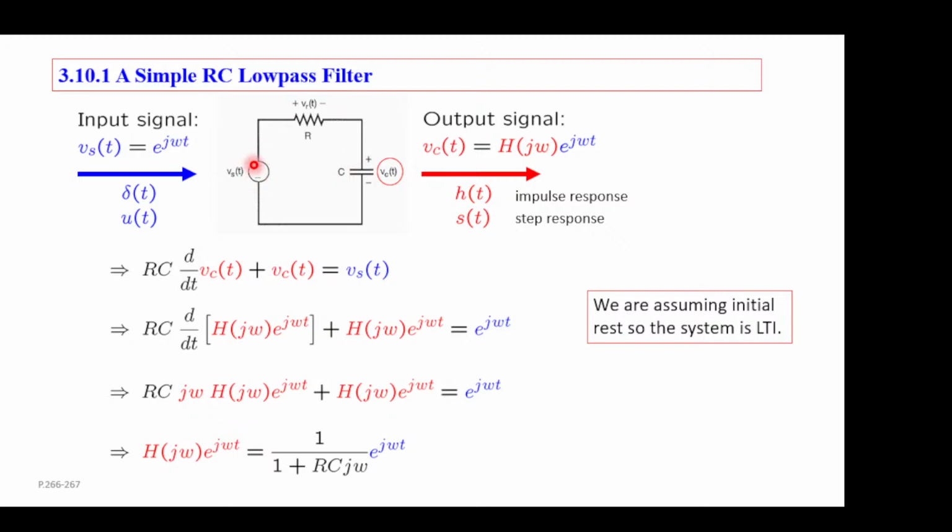We think of this voltage here as a source, Vs, and the voltage here should equal the voltage of the R part plus the voltage of the capacitor part. For now, we think of the capacitor voltage as the output of the system, and we skip all the physics.